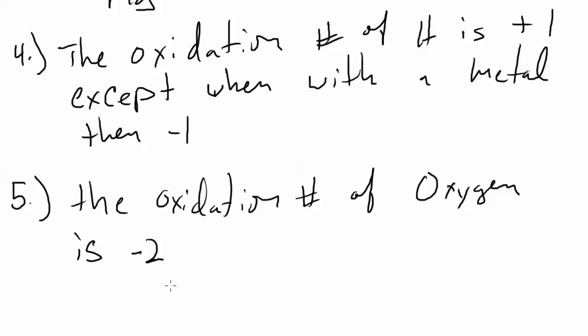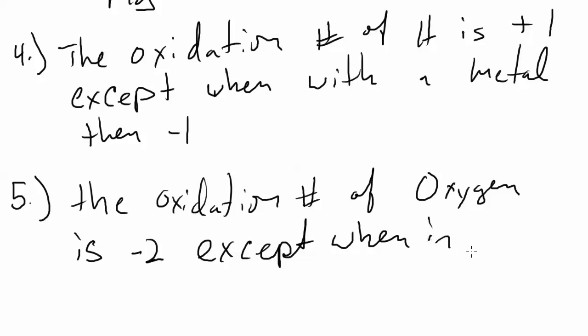Now, oxygen is almost always -2. But like most rules, there's an exception to this one as well. And that exception is in the case of it being part of a peroxide. A peroxide is a polyatomic ion whose charge is -2 by itself, but it's O2.